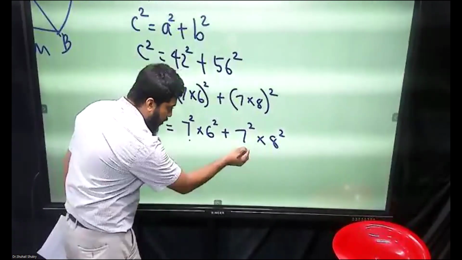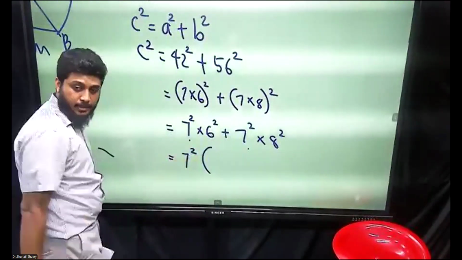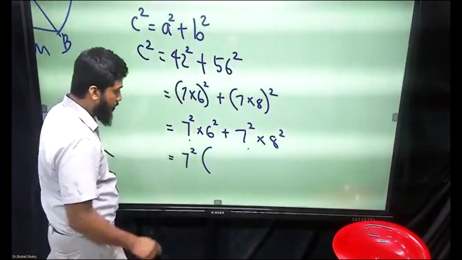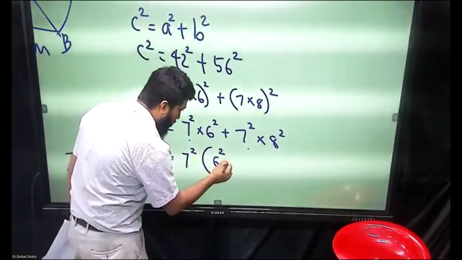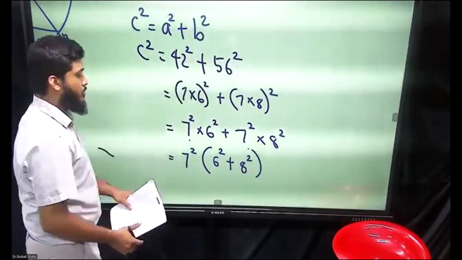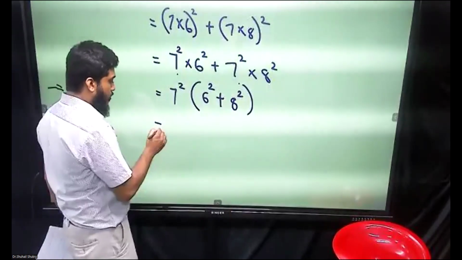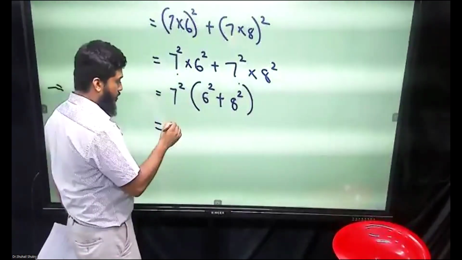Now 7 squared is common for both. Therefore, I can take 7 squared out and the other one inside the bracket: 7 squared out, and here 6 squared plus 8 squared.